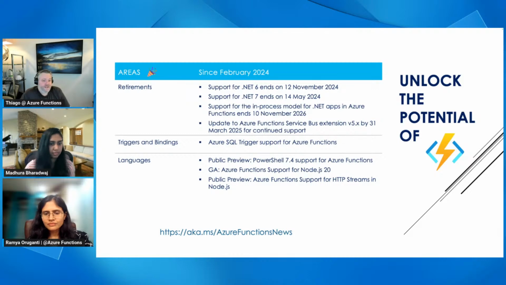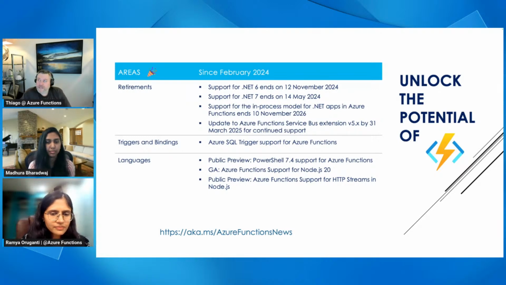On new features, triggers and bindings, we went GA with the Azure SQL trigger support for Azure Functions. Now you can trigger from Azure SQL directly from your function apps.